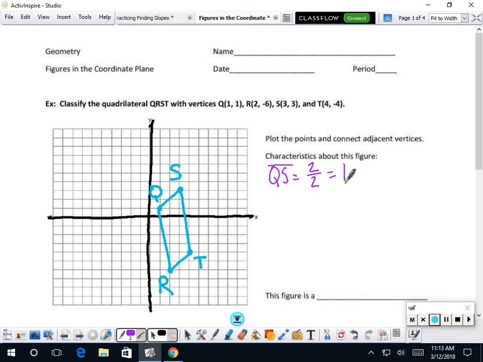Okay, and I'm going to do the same thing for the side that is parallel to QS. And the side that is parallel to QS is RT. So my next slope that I'm going to look at is the side RT. Okay. So for the slope for R to T, I go up 2 and over 2. So my slope here would be 2 over 2, which again we know reduces to just 1.